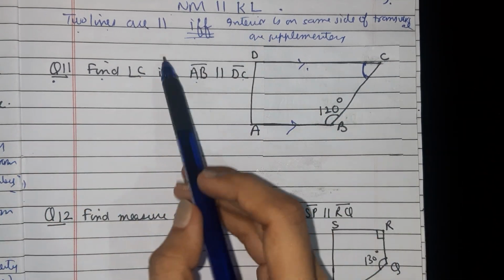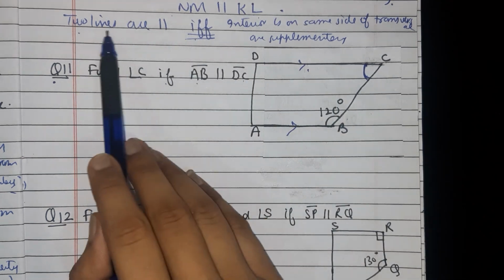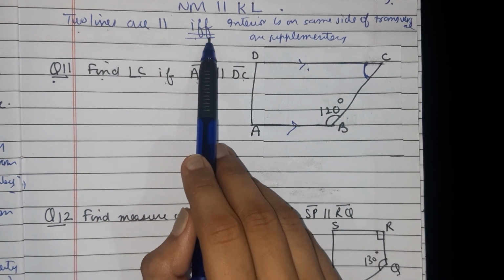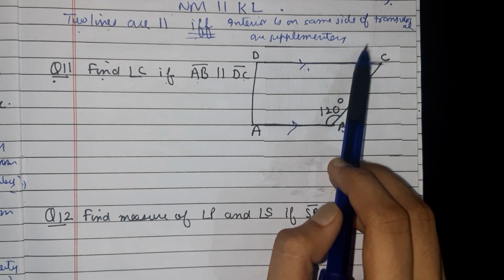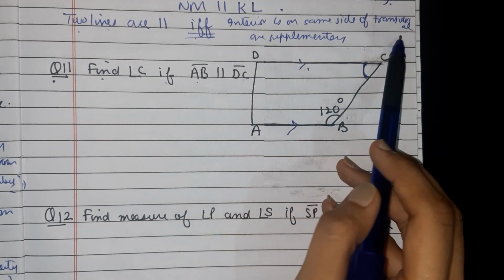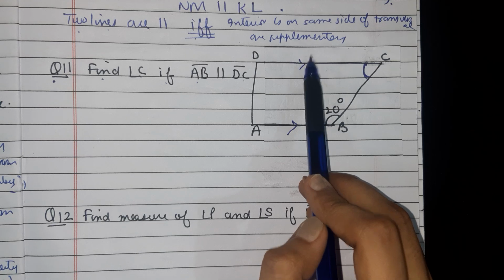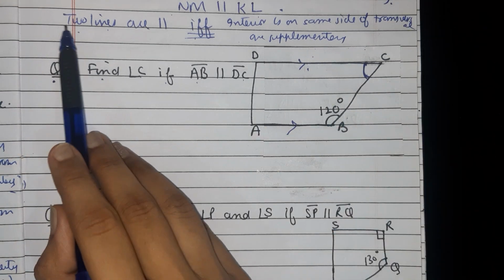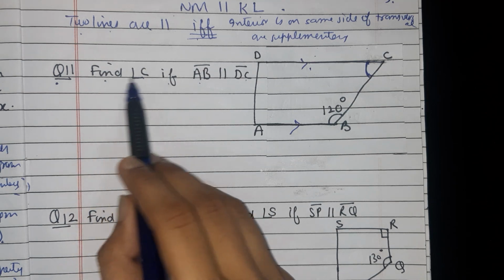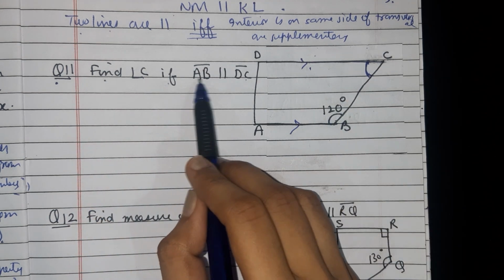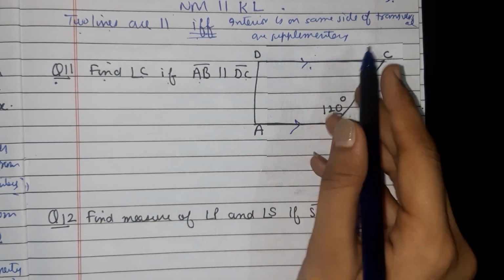Since we have done this property that if two lines are parallel, then the interior angles on the same side of the transversal are supplementary. If we are given that interior angles on the same side of the transversal are supplementary, that means these two lines will be parallel. So we need to find here angle C, and it is given that AB is parallel to DC.